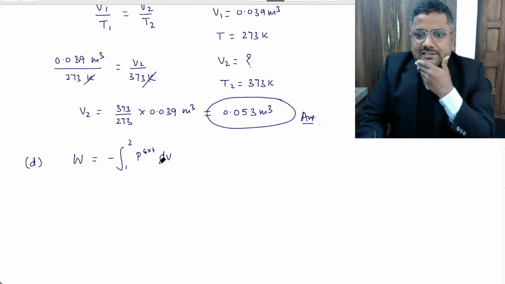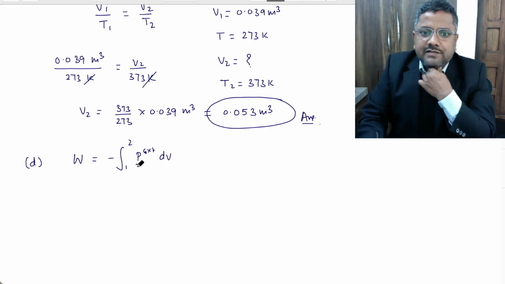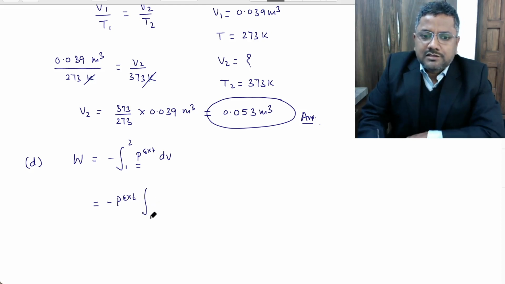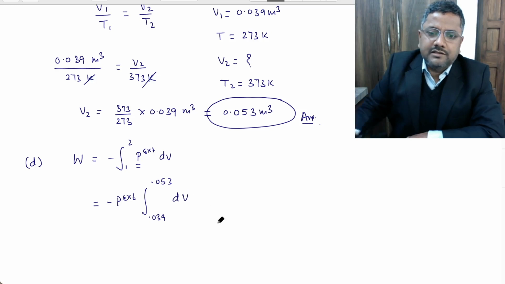And you know pressure is constant, it is given in the question, so you can take it out: minus P external and the integral from 0.039 to 0.053 of dV, right?